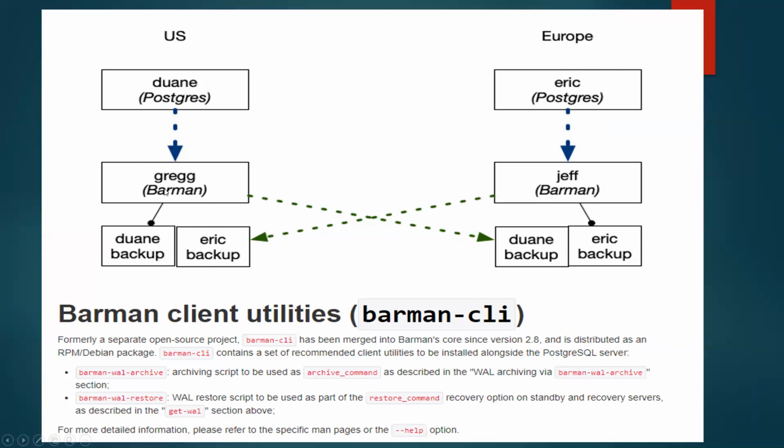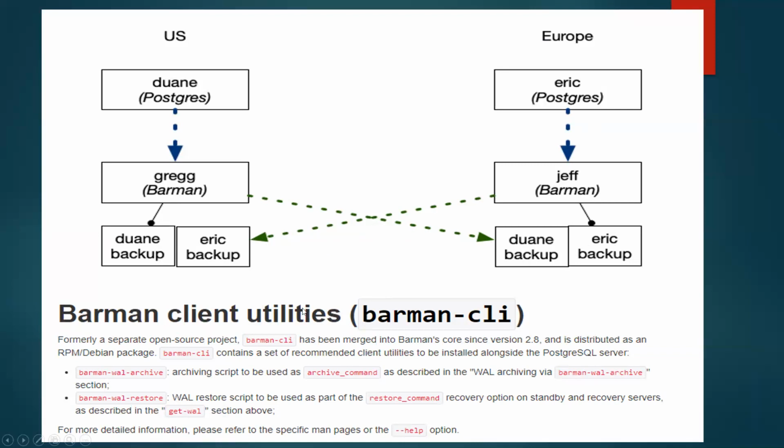Whenever you take a backup from here, it will pull it, and this will also pull that one's backup. So they pull from each other, or you can do it one way, not necessarily both ways. You can decide this is going to be the passive, and I'm going to pull backups from here. Each time this Barman does a backup, it pulls it here. So either one works fine.